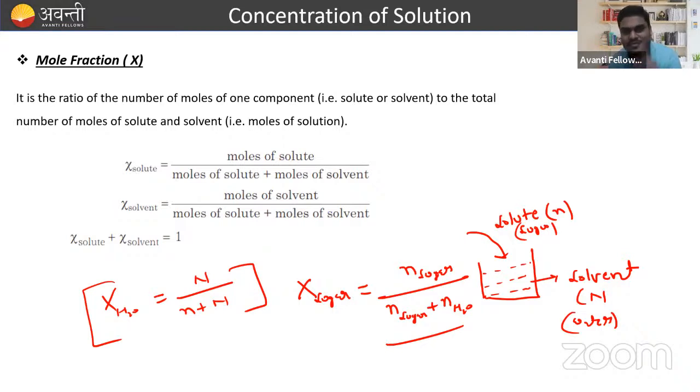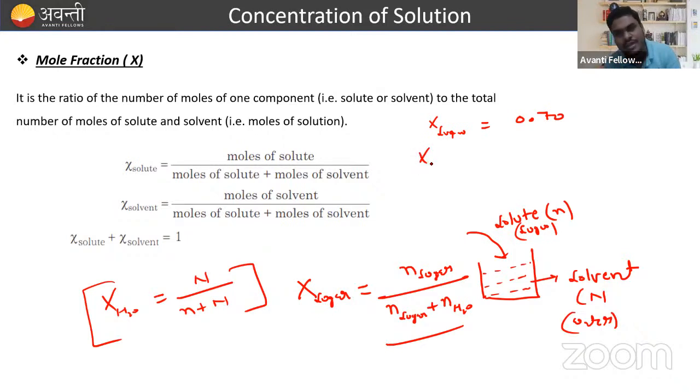So always remember one thing for a faster calculation. And what is this, beta? Just calculate the mole fraction of one component, and for the second one subtract from 1. For example, if I calculate the mole fraction of the sugar and it comes out to be 0.70, then there is no need to calculate the mole fraction of water through this formula.